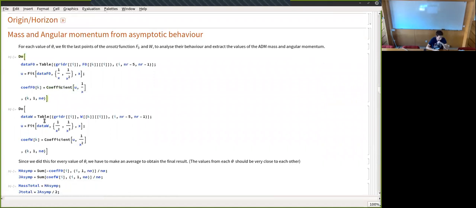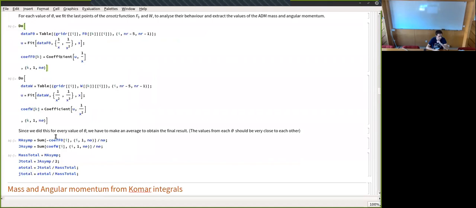And we do the same for the W function for the angular momentum. And with that, you can just do an average over all the values of theta and obtain the total mass and the total angular momentum. With that, you can also compute the reduced angular momentum and the spin of the boson star.